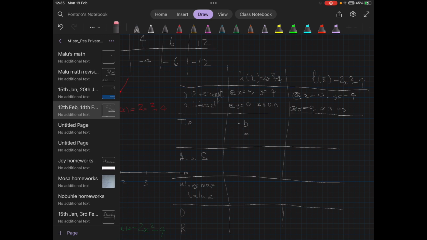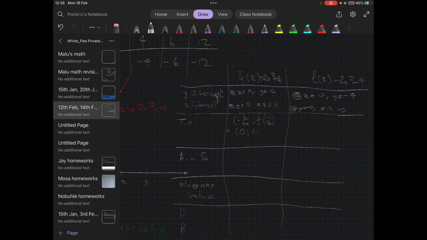Now for the turning point, which is the function of negative b over 2a, make it a bit smaller. So I have space. Yes, there we go. It's minus b over 2a, and the function of minus b over 2a, which is b is 0, so that becomes 0.